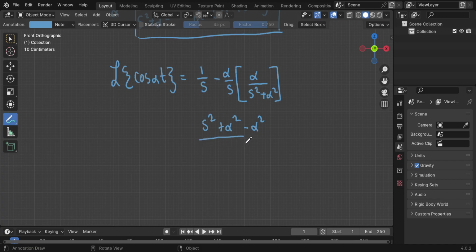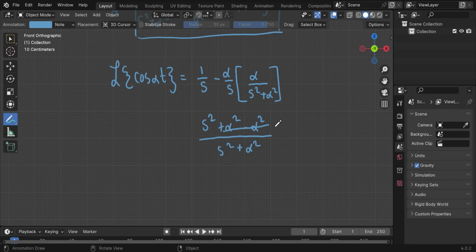And then on the bottom I'm just left with s squared plus alpha squared.